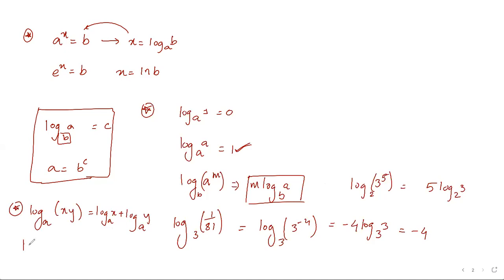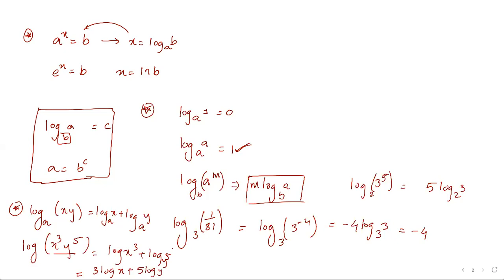Suppose you have log of x cubed y to the power 5 (division I'm going to do in the next property). This can be split as log x cubed plus log y to the power 5, and this can be written as 3 log x plus 5 log y.